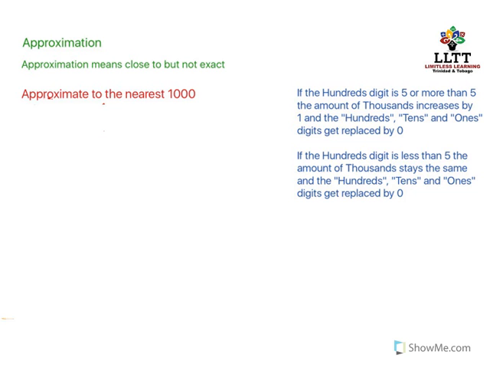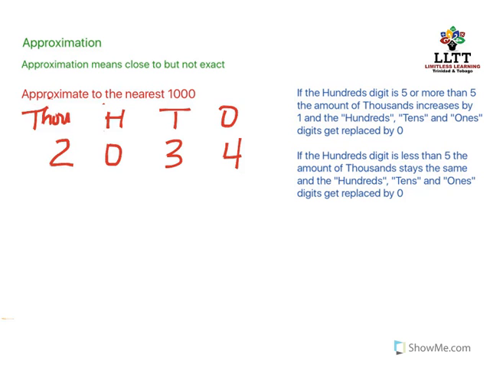Let's say we had 2034. Okay, we are approximating to the nearest thousand. So let's put this as ones, this is tens, this is hundreds, and this is thousands. Okay, so we look at our hundreds digit. That's right here. Our hundreds digit is 0. 0 is less than 5.